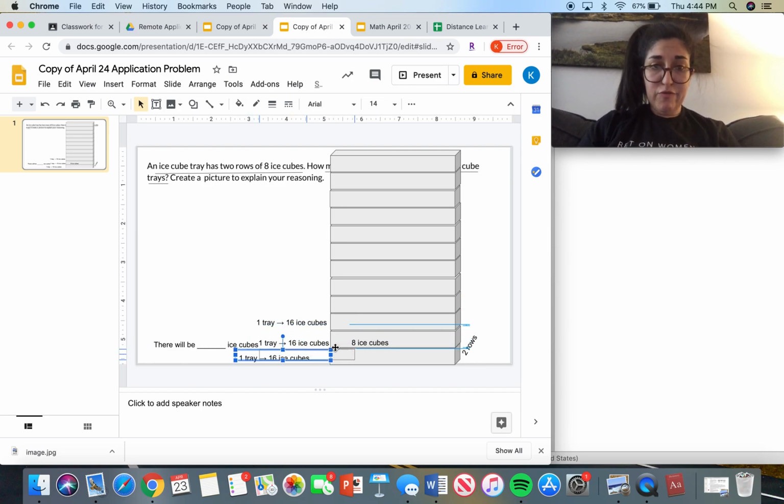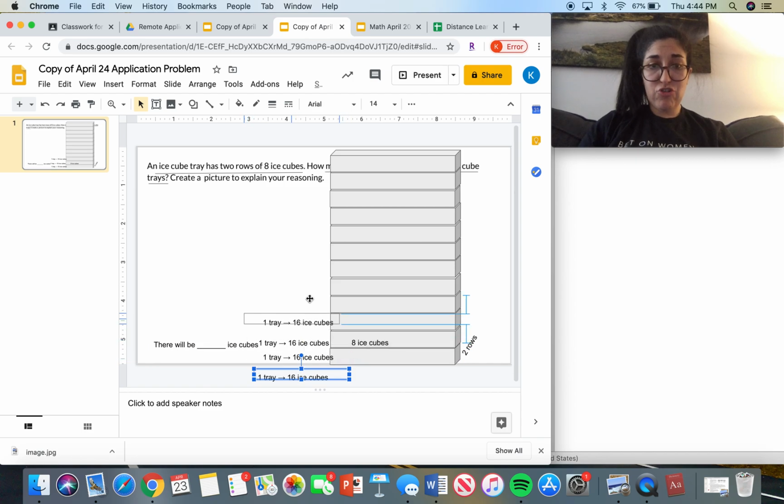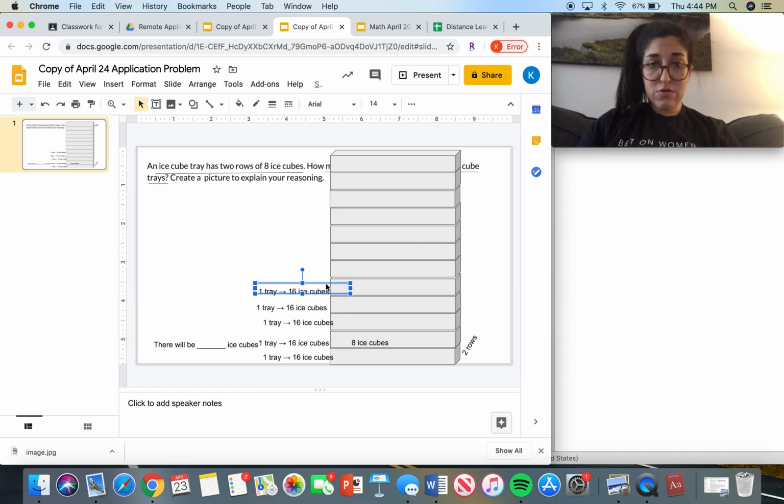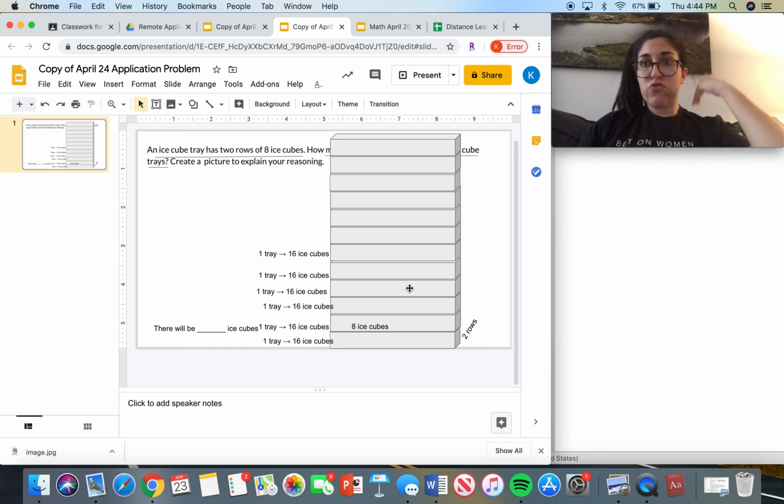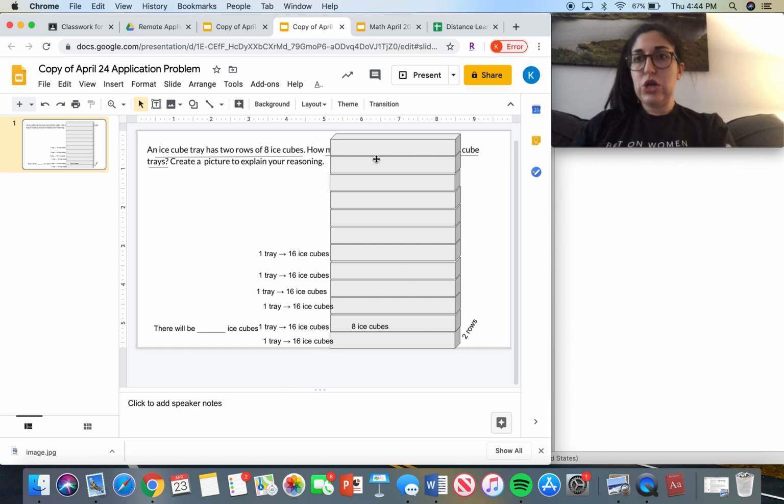So I have 16 cubes in each ice cube tray, and I have 12 trays. And so what it is is 16 times 12, or 12 times 16.